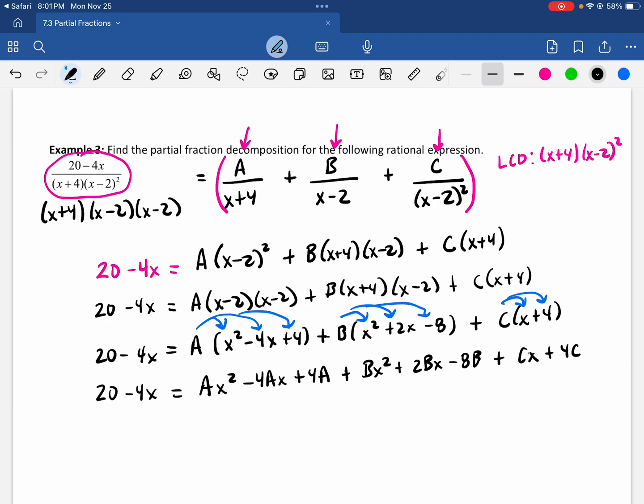All right, and so just like we did last time, the first thing we want to do from here is regroup those things together that have similar variables. We're talking about the x variables here. So I'm going to regroup these ones with the squareds together, and then those that have just an x together.